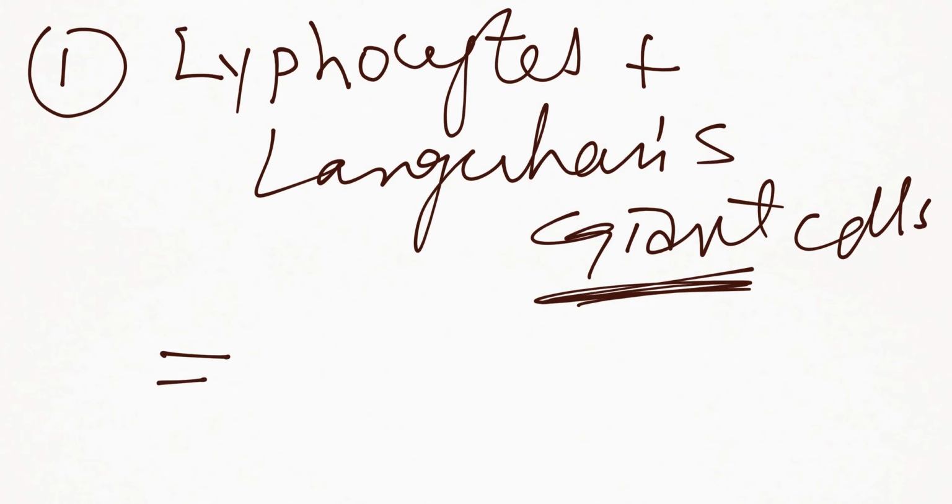This equals what? If you find lymphocytes and Langerhans giant cells, what does this mean? This means that your specimen has been taken from a granuloma.